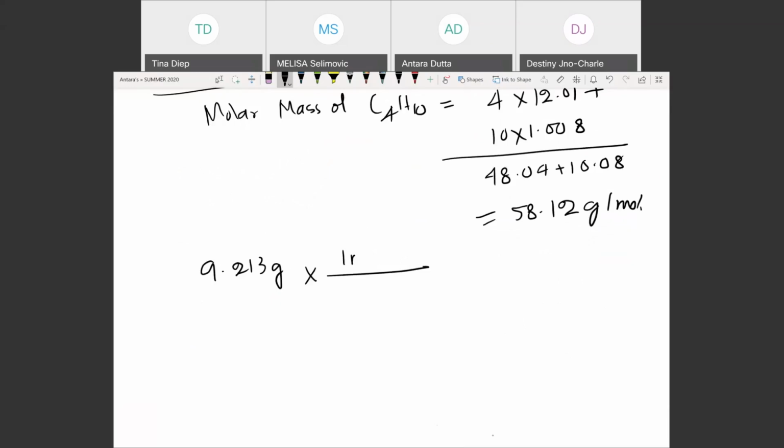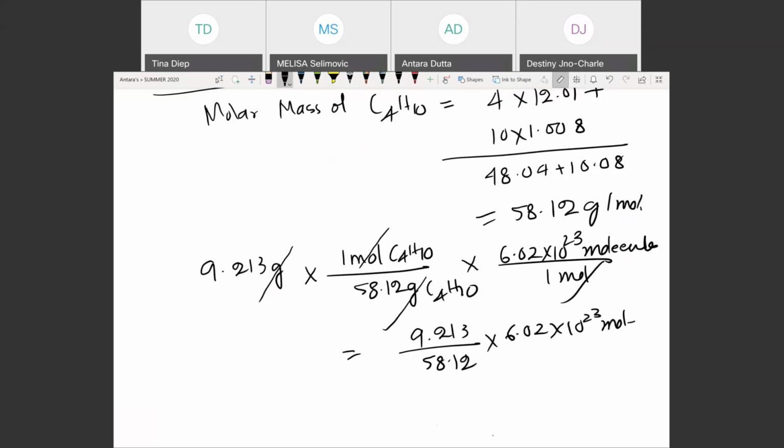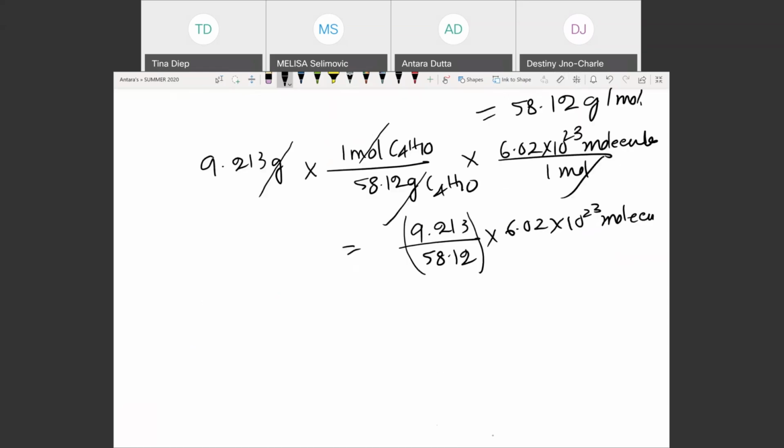First, I'm going to convert to moles, and then convert the moles to molecules. So I'm getting 9.213 over 58.12 times 6.02 times 10 to the 23 molecules. That gave me 9.545 times 10 to the 22 molecules.